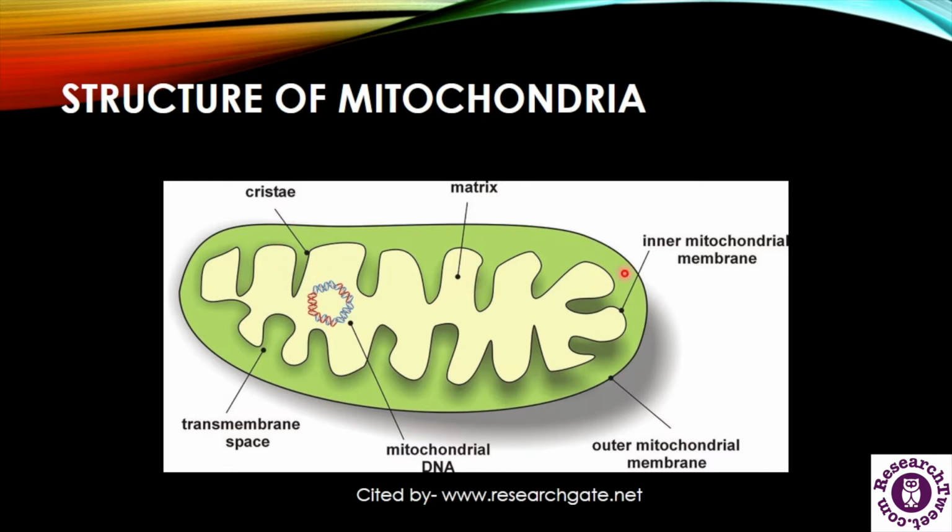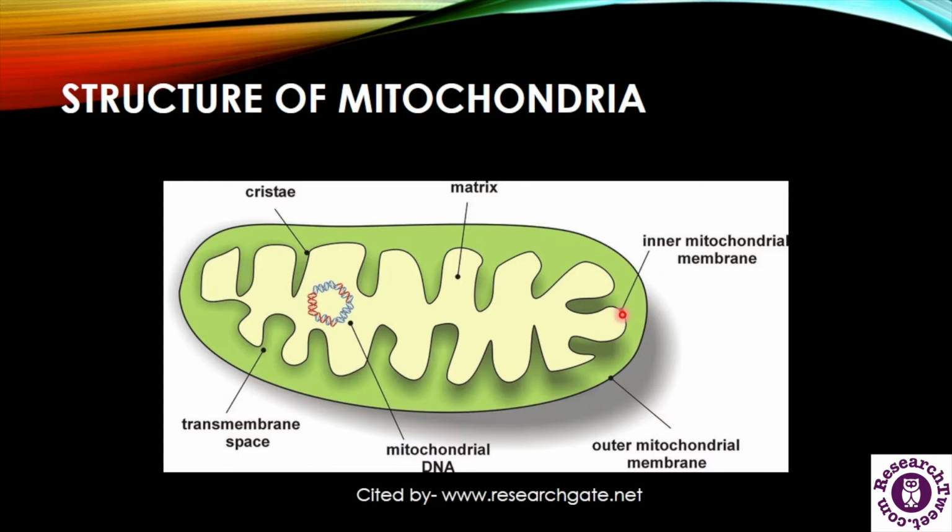This is the structure of mitochondria having all its organelles. This is the outermost layer, which is called the outer mitochondrial membrane, and inside it is followed by an inner mitochondrial membrane which forms foldings, also called mitochondrial cristae.